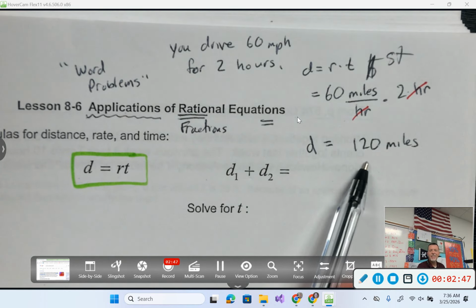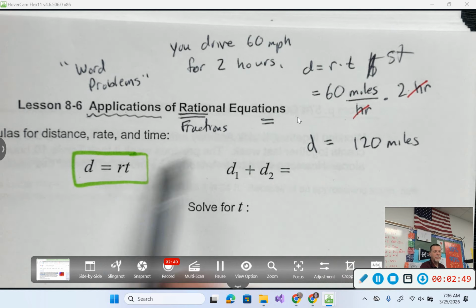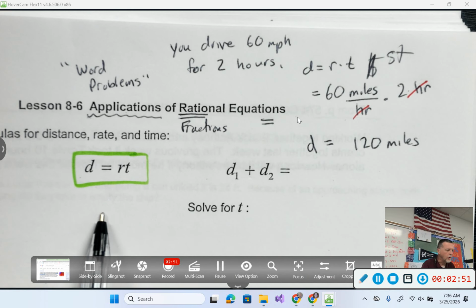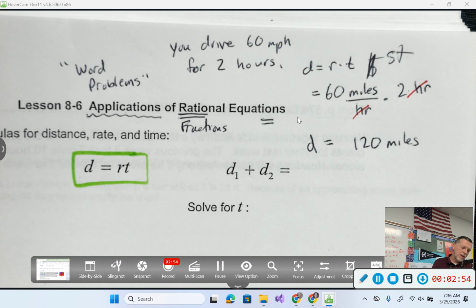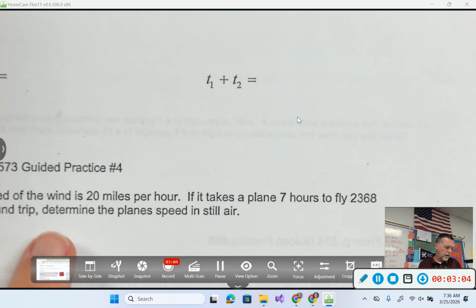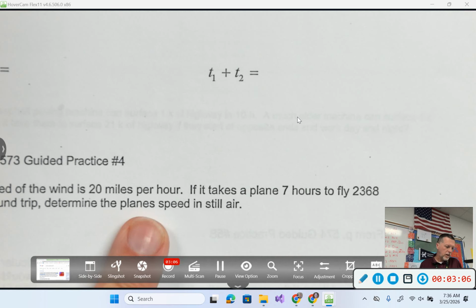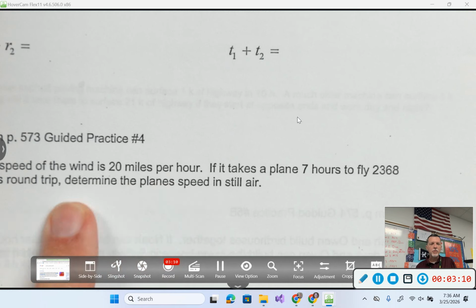We're not going to do anything that easy, but that's kind of the building block that we start from for distance equals rate times time. We're going to start putting things together where we're going to travel two distances. Like maybe we'll drive somewhere and drive back. Or if you look down at the example problem, the speed of the wind is 20 miles per hour, and we're going to do a round trip.